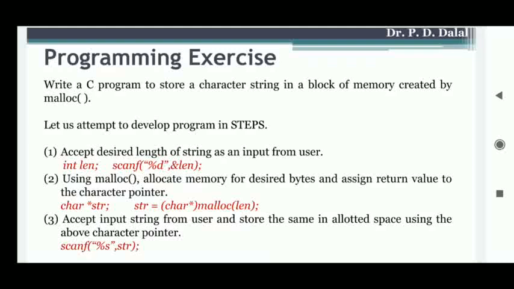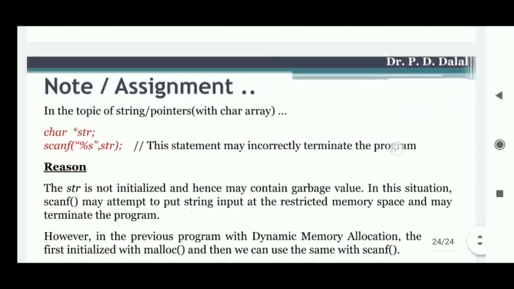This will allocate len number of bytes, a memory block will be allocated, and the initial address will be assigned to str. Step 3, once the memory is allocated, we can easily scan the string. Accept the input string from the user and store it in the allotted space using scanf %s str.